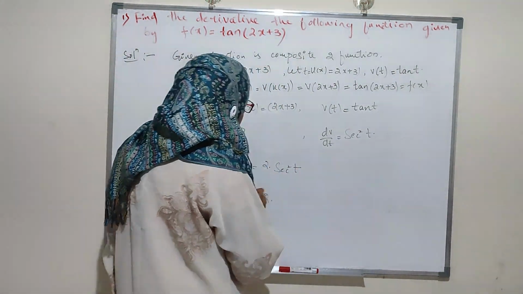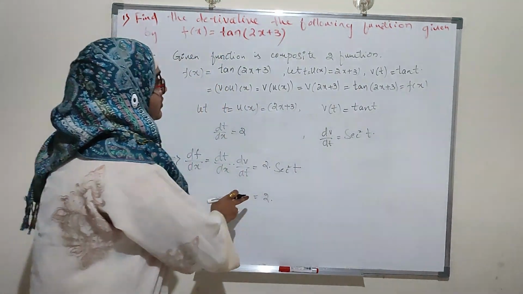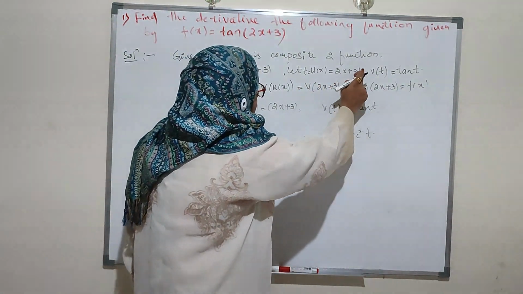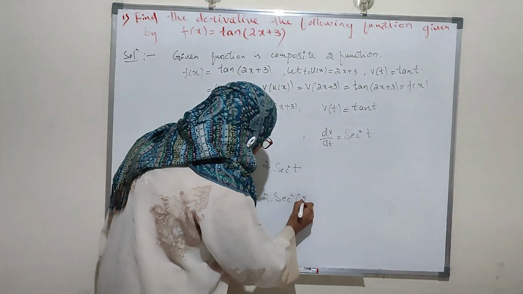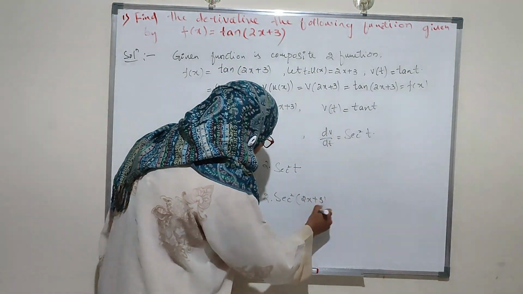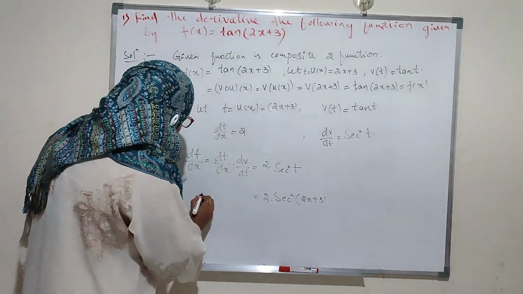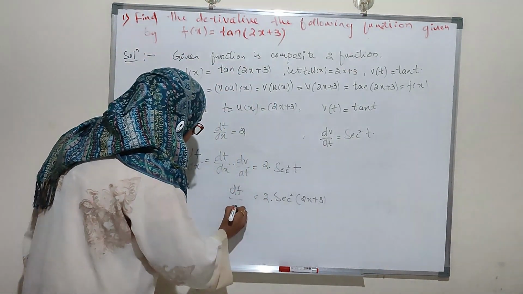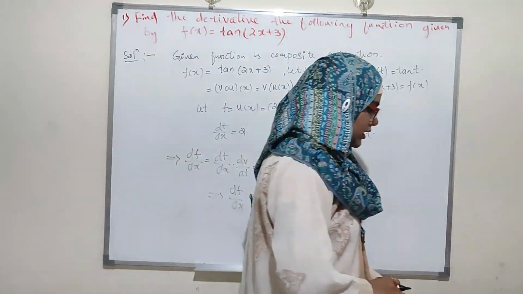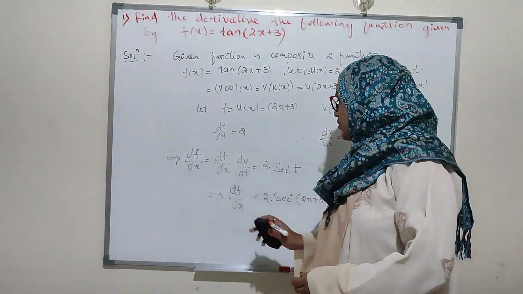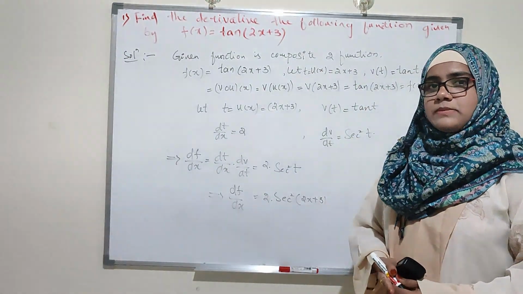So 2 into sec square of t, where t we are taking as 2x plus 3. Okay, so sec square of 2x plus 3. So this is df by dx. So the differentiation of the given function is 2 into sec square of 2x plus 3.